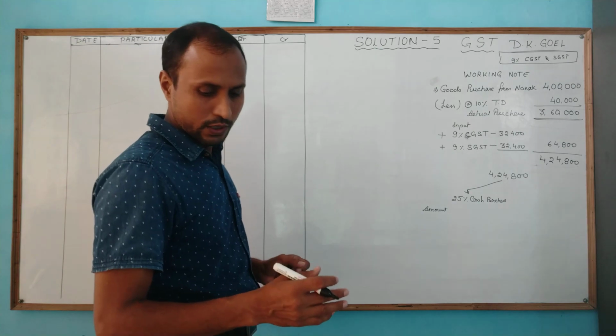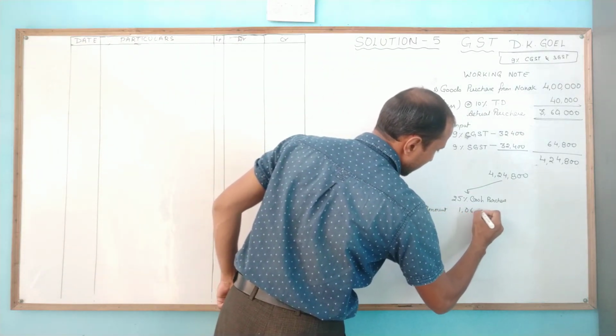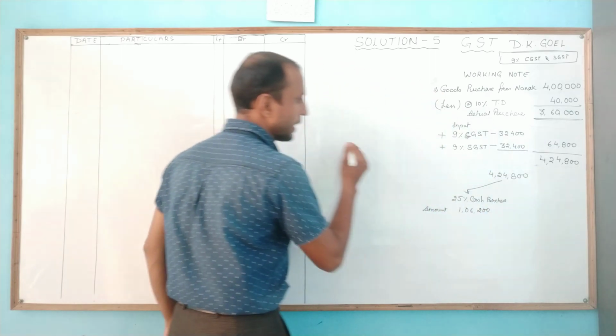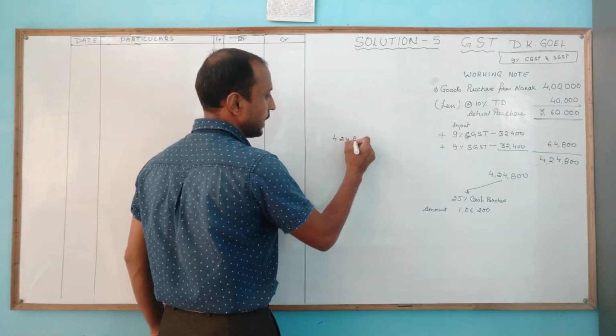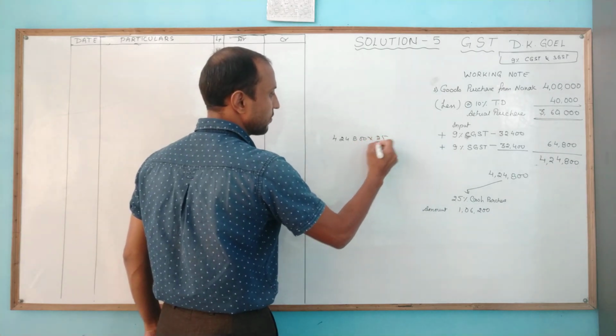It is 4,24,800, 25% obviously, so multiply by 25 upon 100.